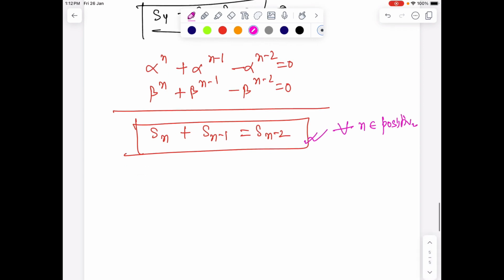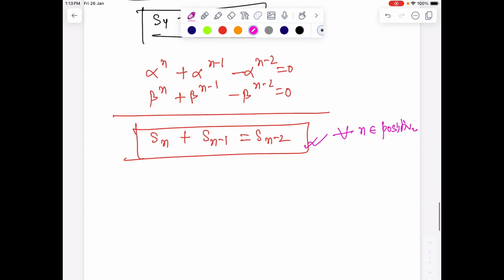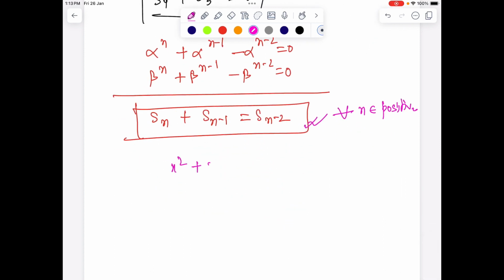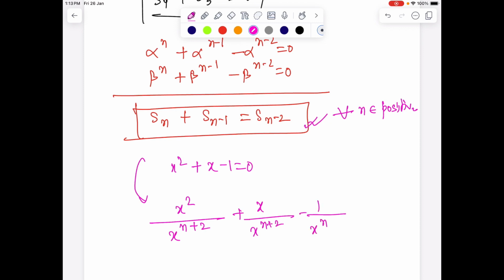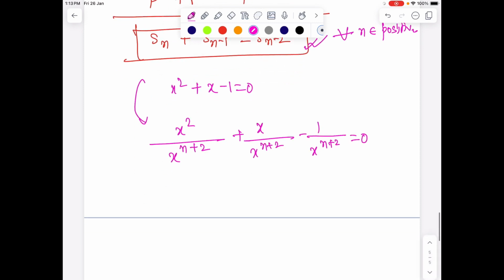In fact, this can be extended even to negative integers. How? Because in the expression x square plus x minus 1 equals 0, let's say I divide it by x to the power n plus 2. So we have x to the power 2 by x to the power n plus 2, plus x by x to the power n plus 2, minus 1 by x to the power n plus 2 equals 0. So now we get 1 by x to the power n, plus 1 by x to the power n plus 1, minus 1 by x to the power n plus 2 equals 0.